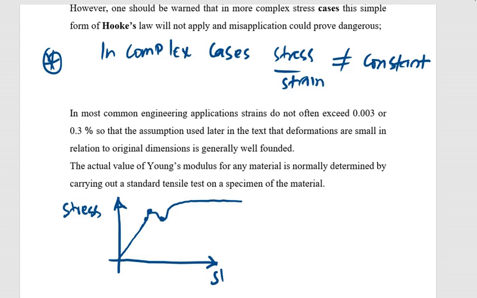Now, if this is O, this is A, this is B, this is C, it means from this point to this point, Hooke's law is applicable.